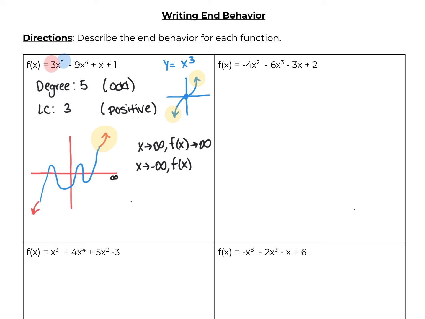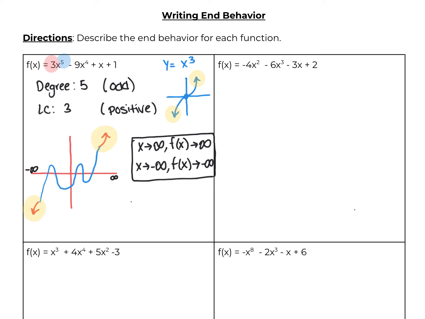Now, when x is going to negative infinity, so when x gets smaller and smaller, where are the y values, or your f of x values, going? They're going down to negative infinity. So we could say the f of x, or the y values, approach negative infinity. And this is your description of your end behavior.